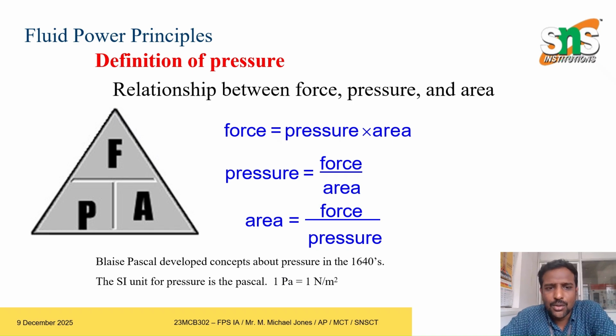Now the basic mathematical expressions that guide these principles are the relationship between force, pressure and area. All these terminologies we have already seen in basic physics. Force is equal to pressure times area, and we can rearrange that as pressure is equal to force divided by area, and area is equal to force divided by pressure.